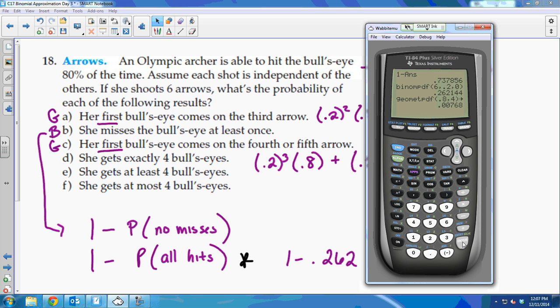That gives 0.00768. If you did it in the calculator, again, binomial and geometric questions ask different things, so you have to know which one to use in which scenario.